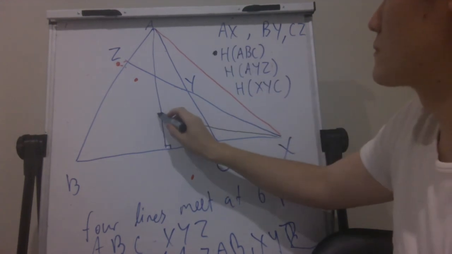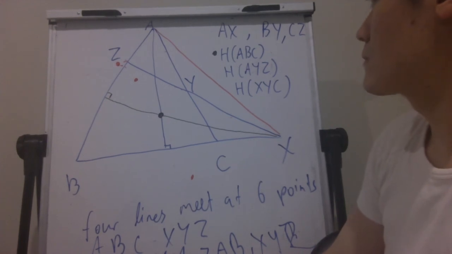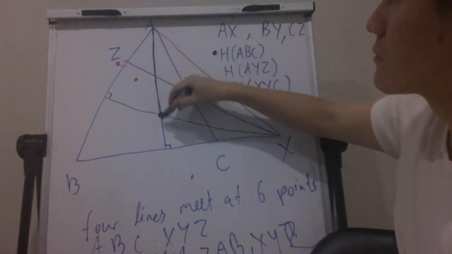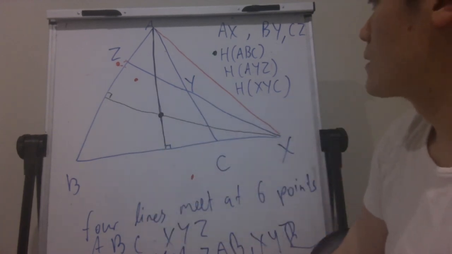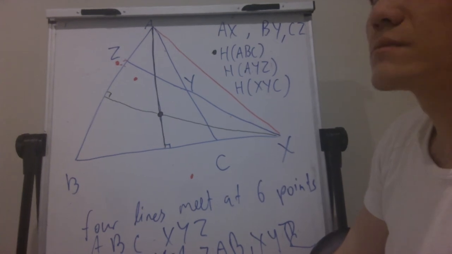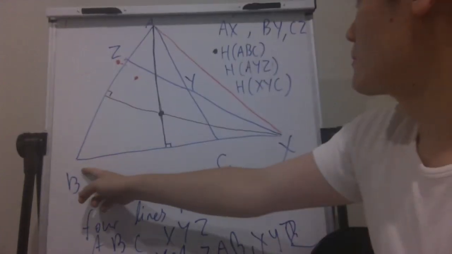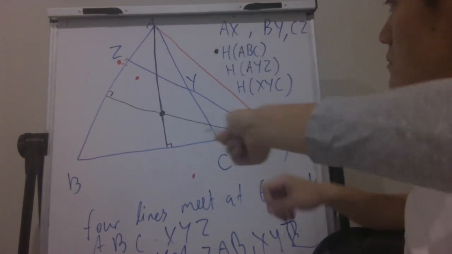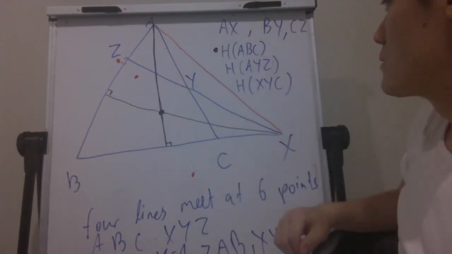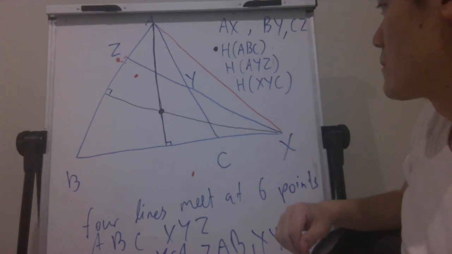Isn't that like ABX? A, B, X. Wait, don't you now have the same structure? 1, 2, 3, 4, 5, 6 points, because you drew in the point X. So it shouldn't be from C if you want to do it that way.